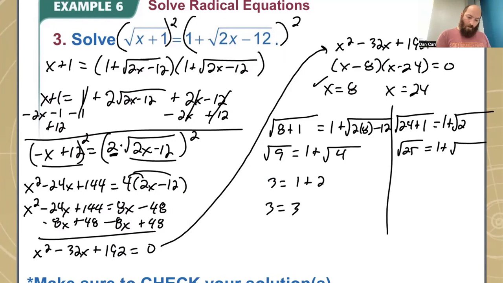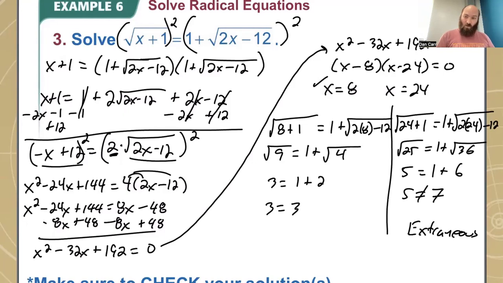Let me redo that. 2 times 24 is giving me 48. Minus 12 gives me 36. Square root of 25 is 5. 1 plus 6. 5 does not equal 7. We have our final extraneous solution.